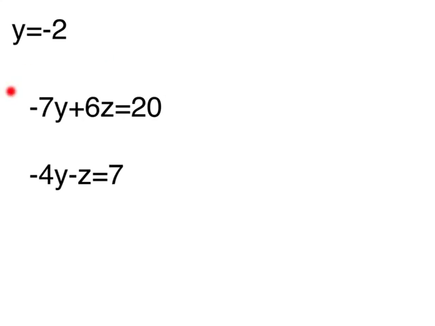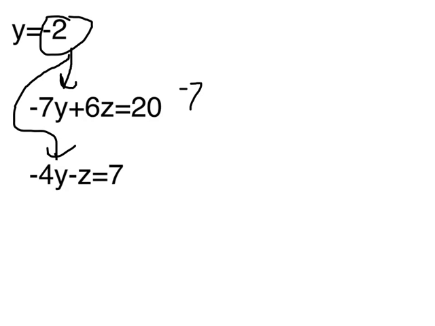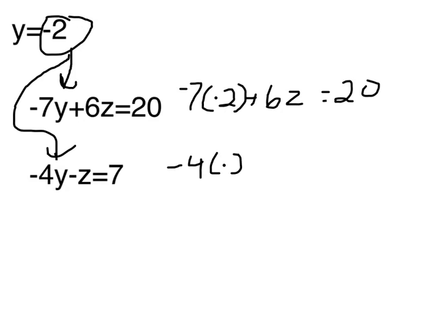Now we're back to the two equations you just had, and you're going to notice up in the left hand corner we have y equals -2, which is the variable we just solved for. Now for this next step, we're going to take this -2 and plug it in for the y, and we will end up with -7 times -2 plus 6z equals 20, and -4 times -2 minus z equals 7.